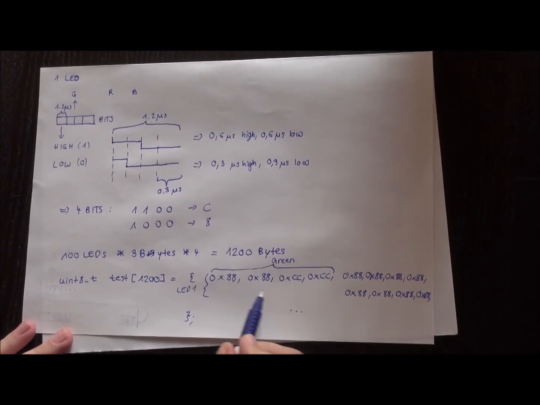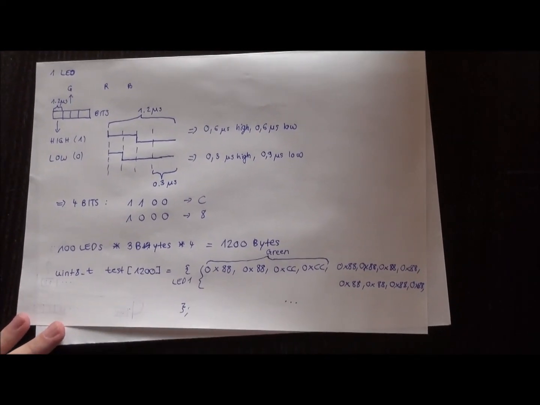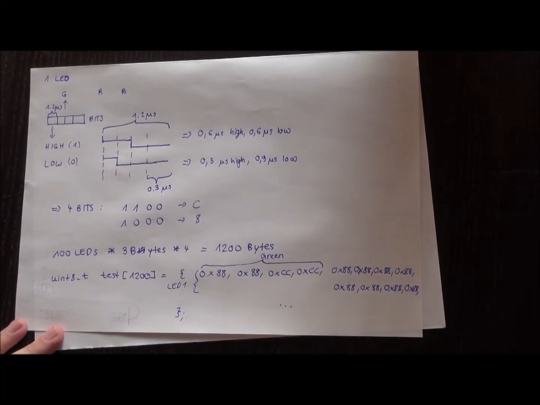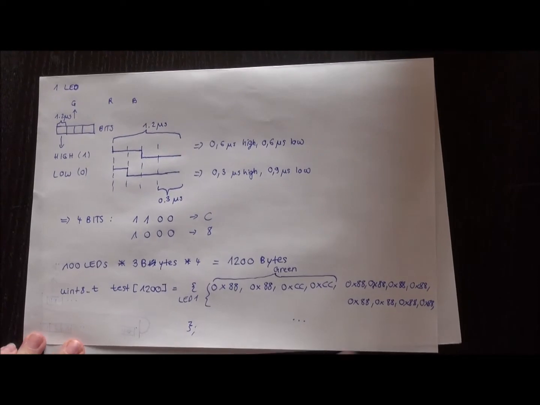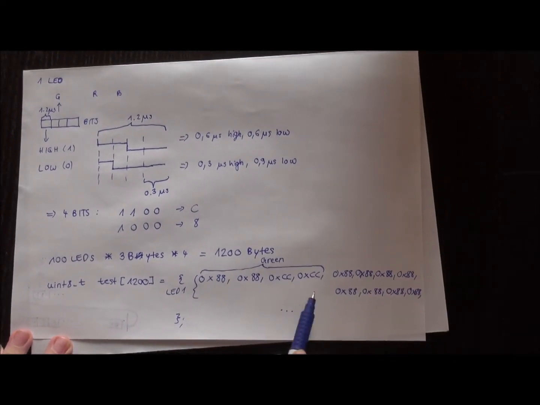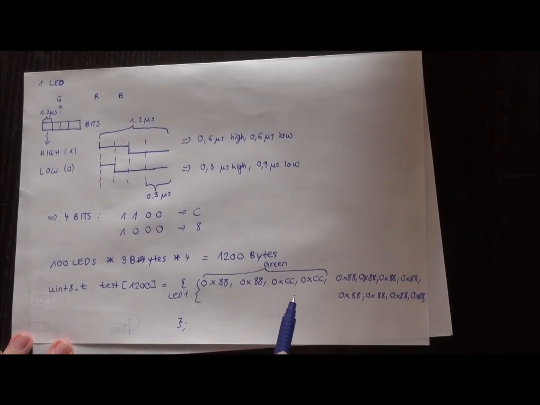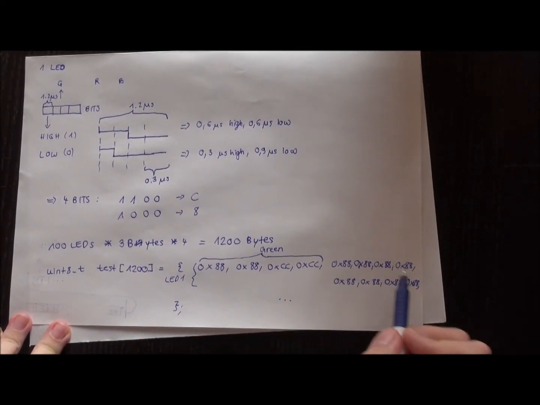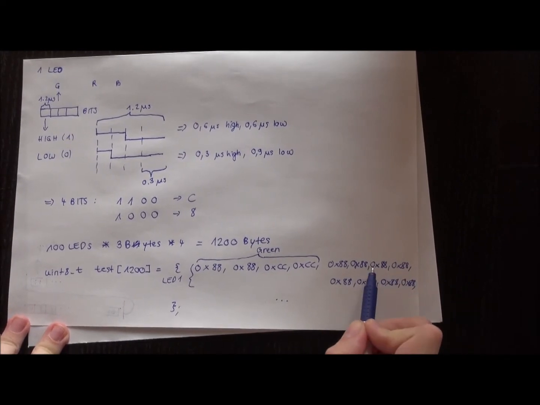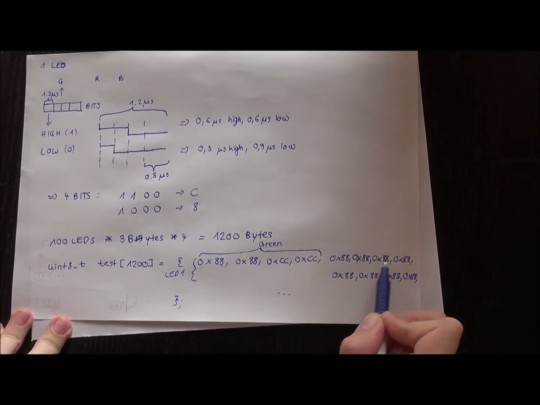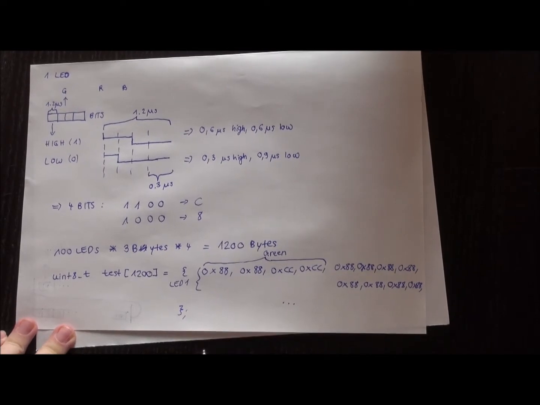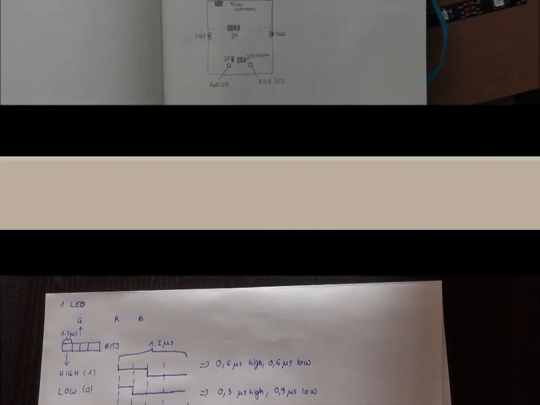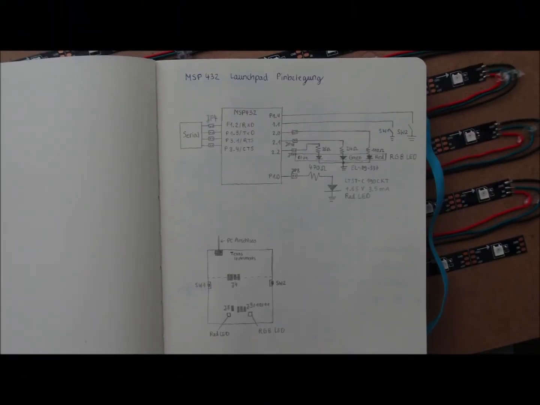I never used the full information high because this is very intense light and I don't want to get blind. If I would send this information, I would get a completely green LED. I could also set this and this to 0xcc and it would make the whole thing turquoise. And that's it.